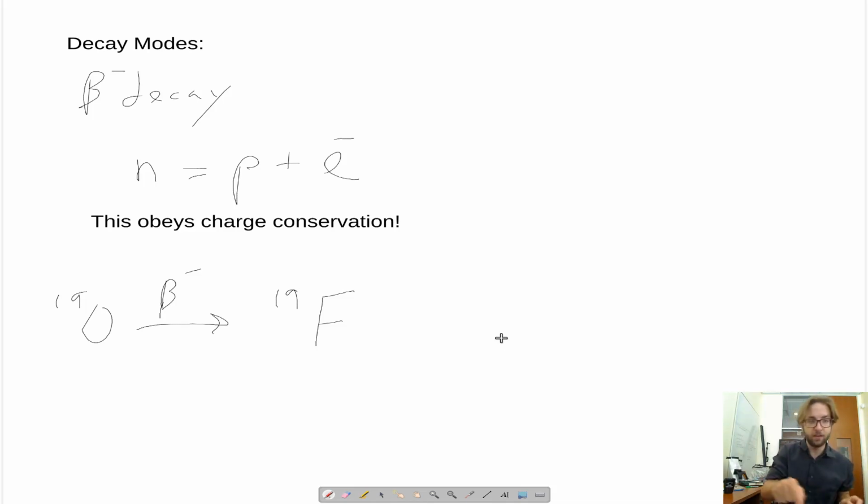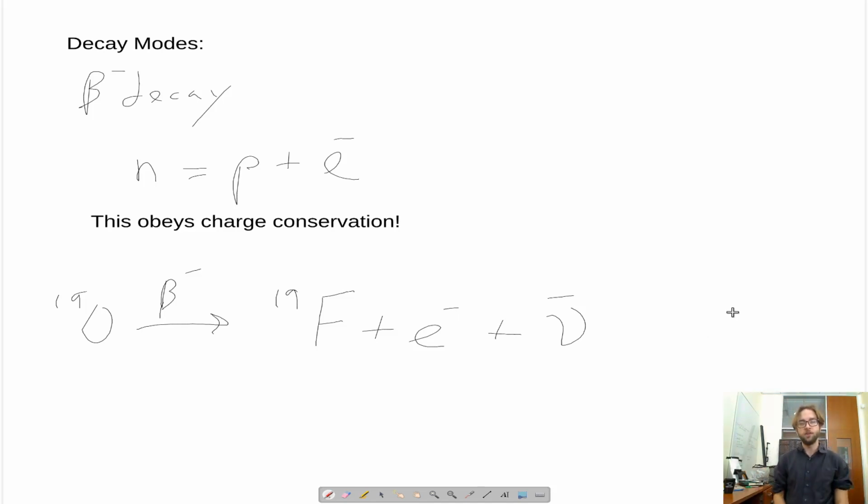The A number didn't change. Plus an electron, e-, plus, and the reason they're not exactly equal is that we also get an antineutrino.